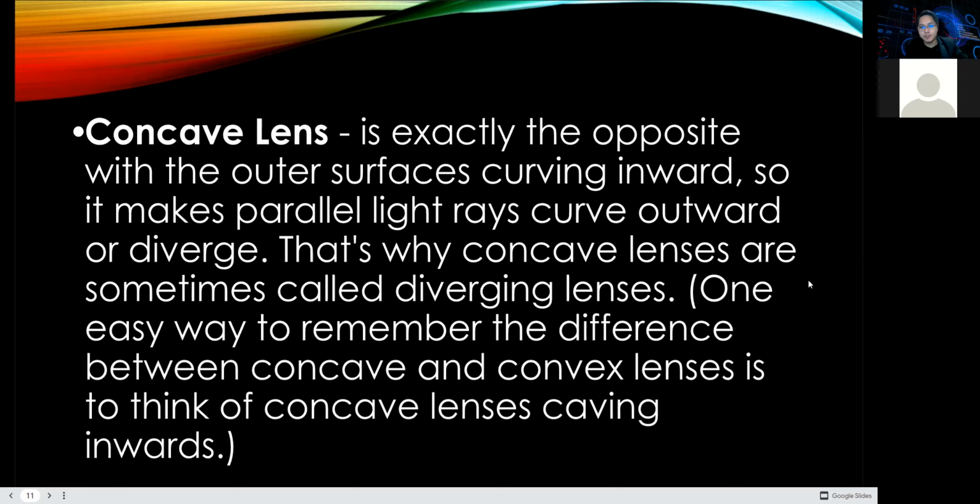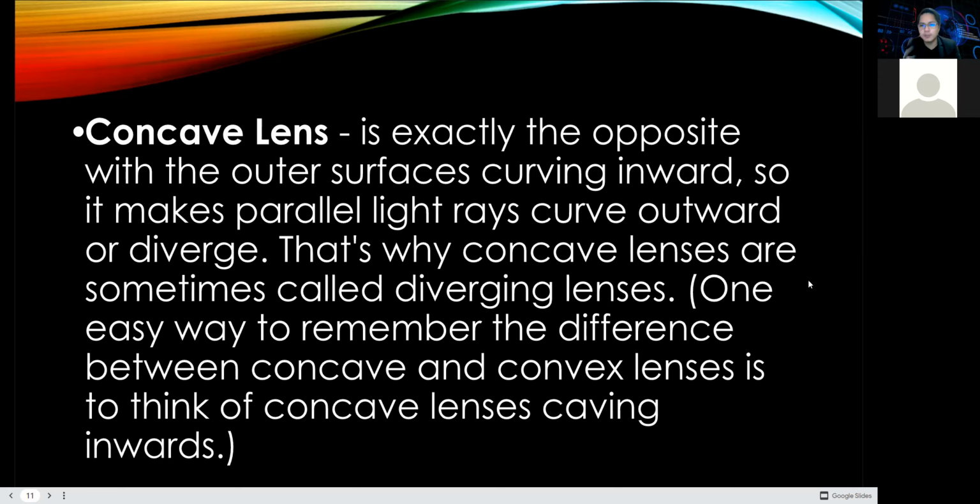Converge and diverge. Okay, one easy way to remember the difference between concave and convex lens is to think about concave lenses caving inwards. So there is an inward outlook of this lens.